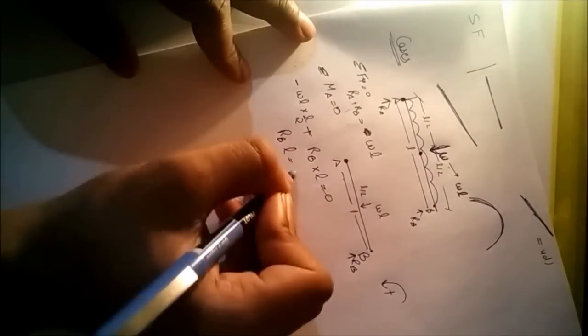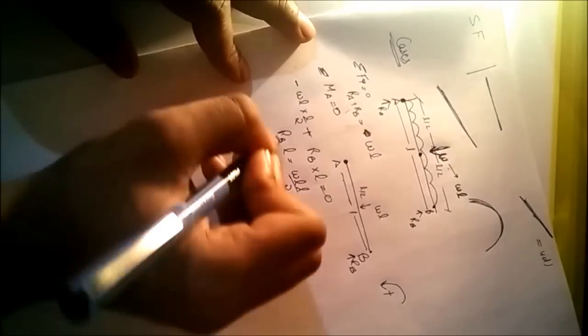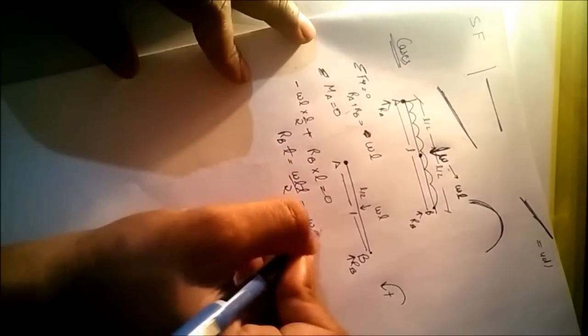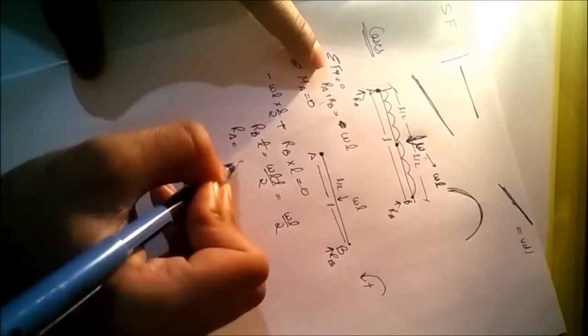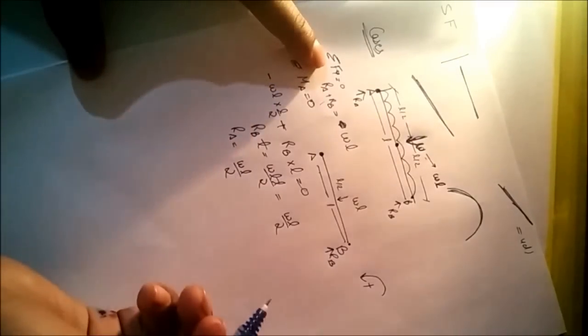So Rb L equals omega L square upon 2, Rb is omega L upon 2, and Ra will again be omega L upon 2.